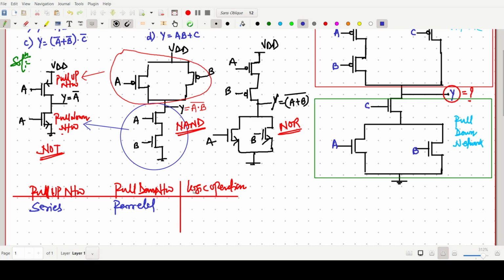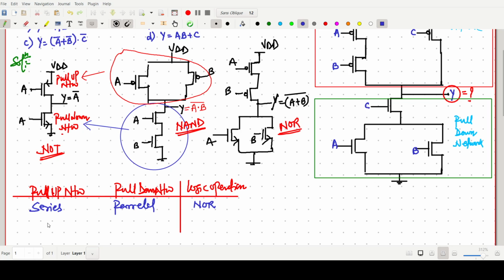If the pull up network is in series and the pull down network is in parallel, it will perform NOR operation.